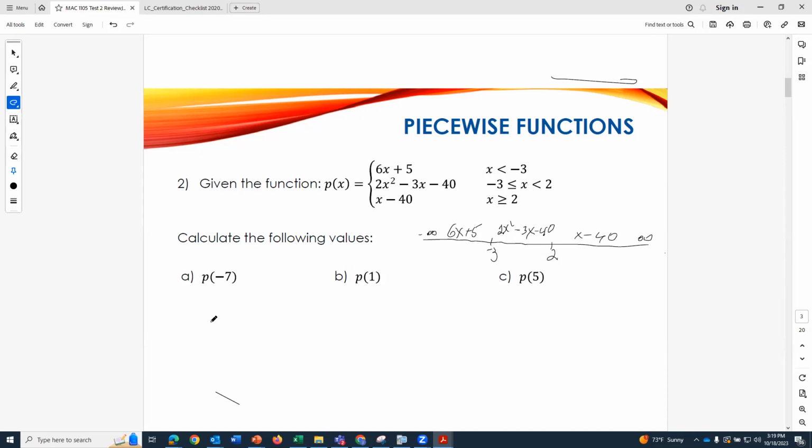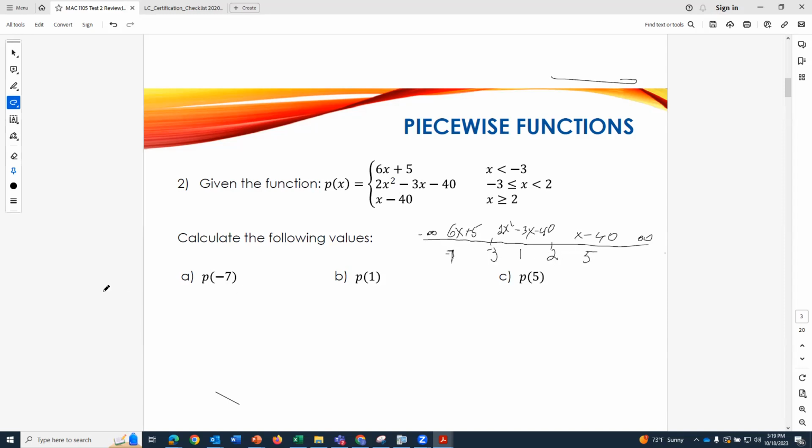Okay? And let's look at -7. -7 falls on the set of negative infinity to -3. -7 will be here. And 1 will be between -3 and 2. And 5, greater than 2, is here.